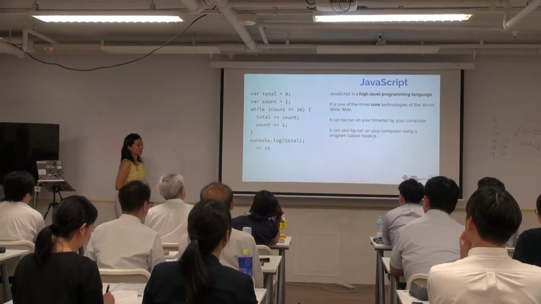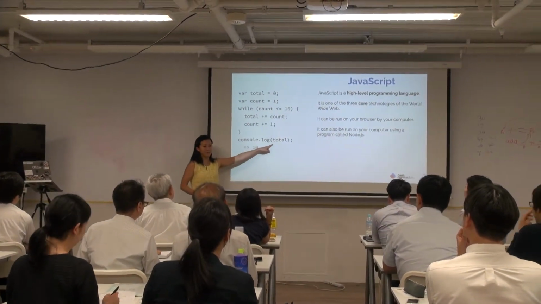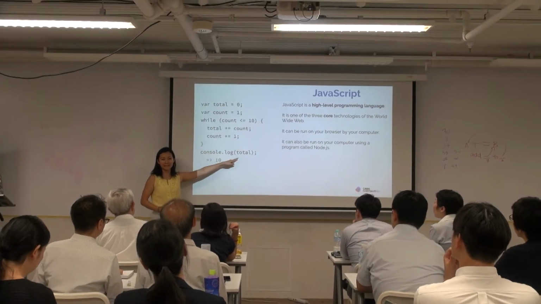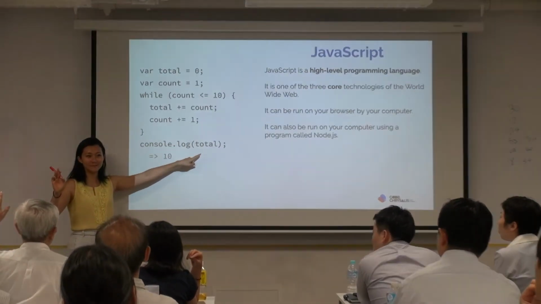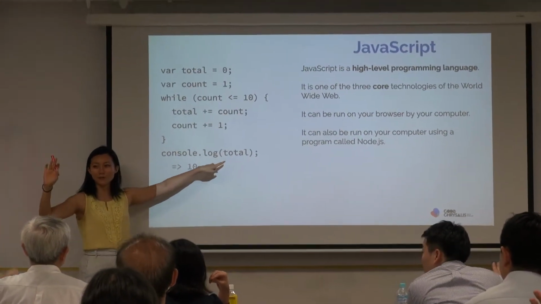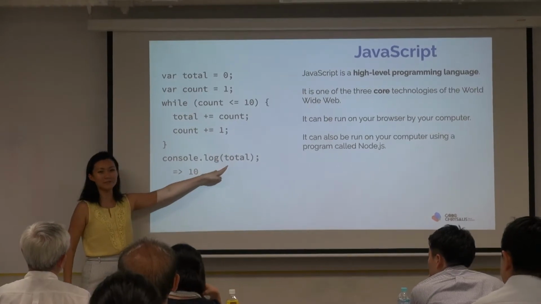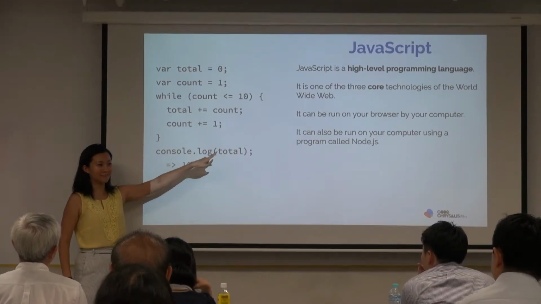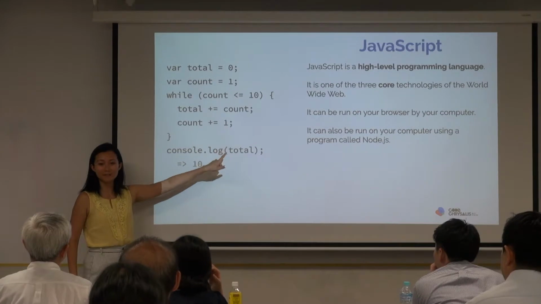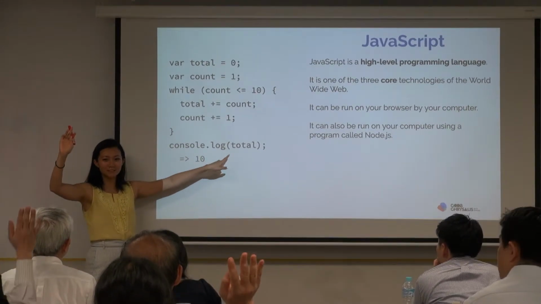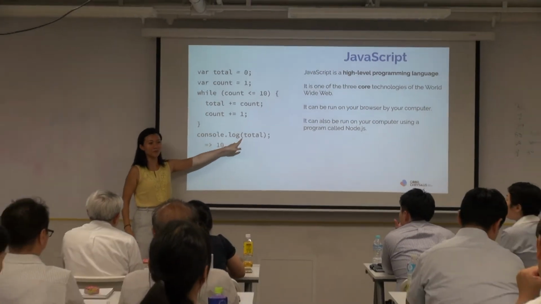Here's the code. So, how many people think that total is 10? What did other people get? What is total after this? 2. 55. Anyone else have 55? Yeah, so total is 55.